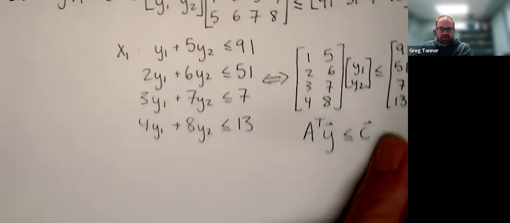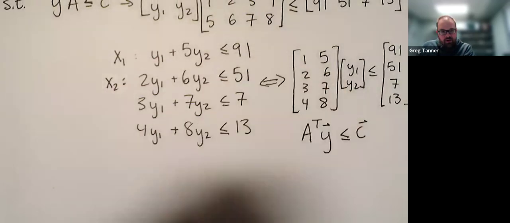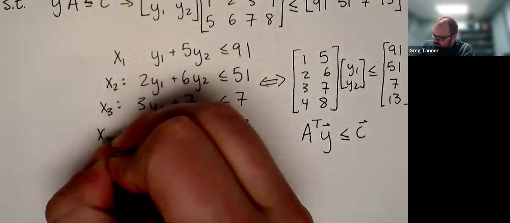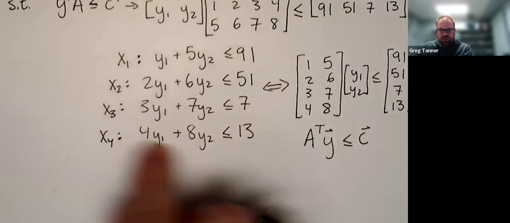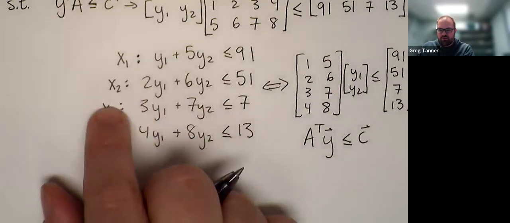Okay, this second constraint corresponds to the original variable x2, then x3, and x4. So each of these constraints in the dual problem correspond to a primal variable.